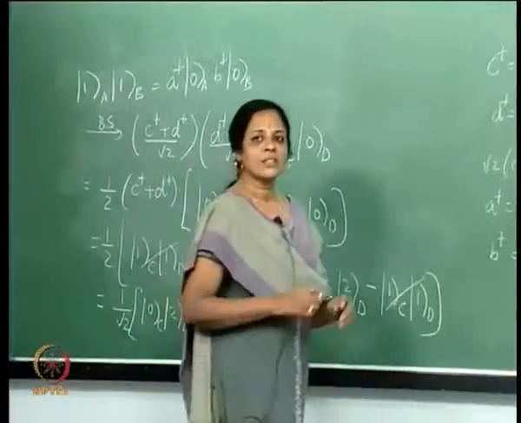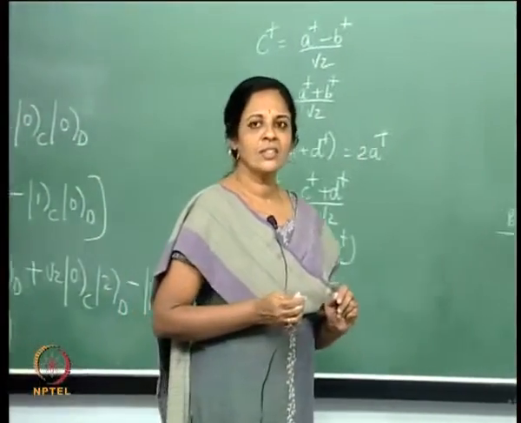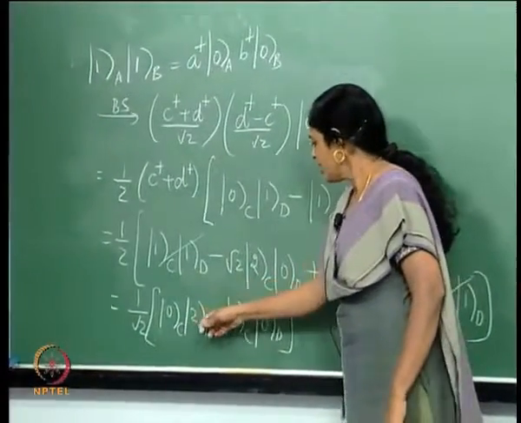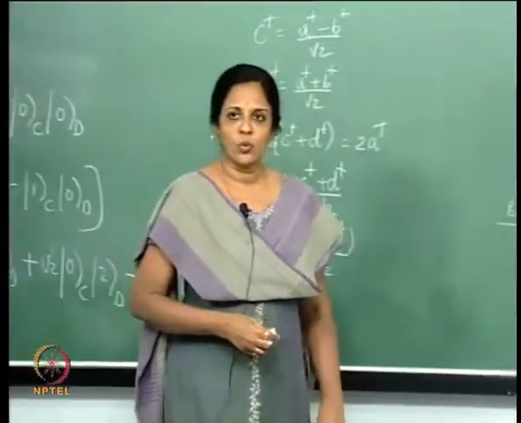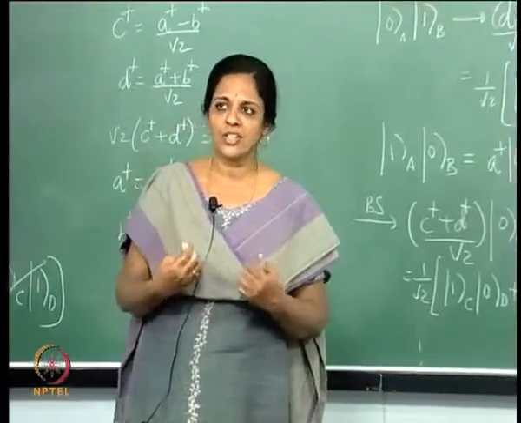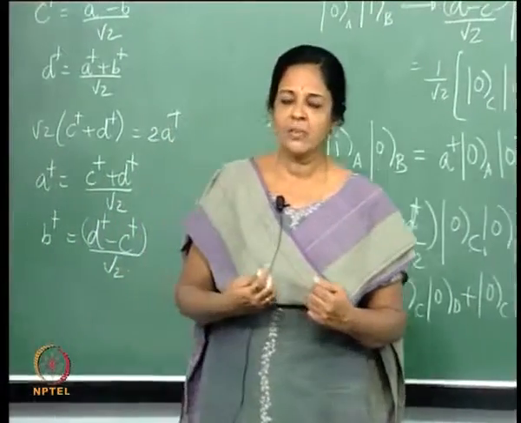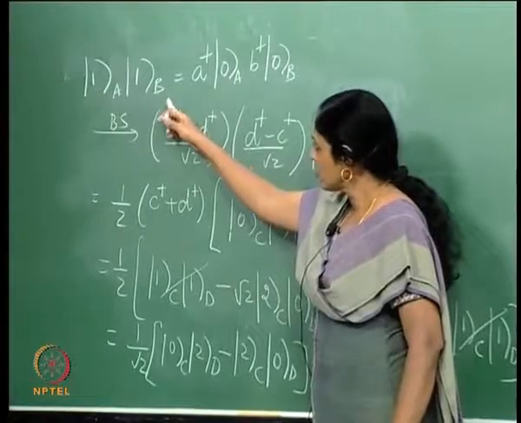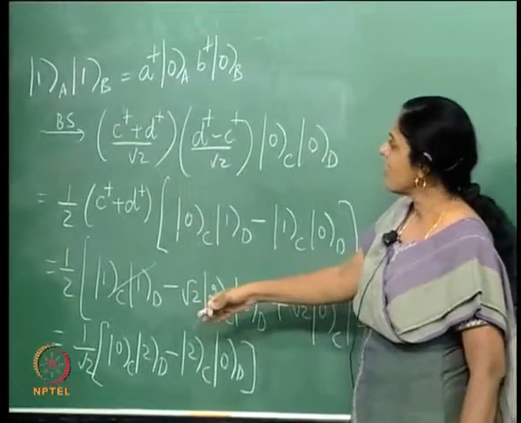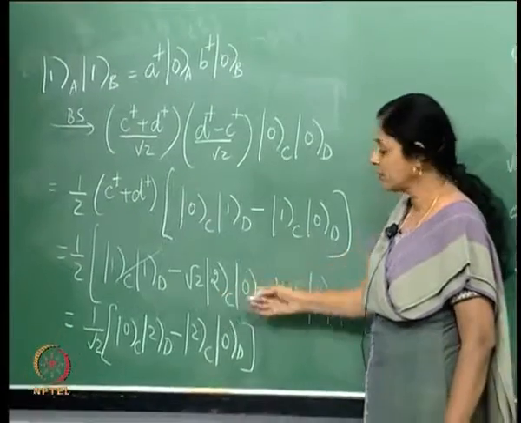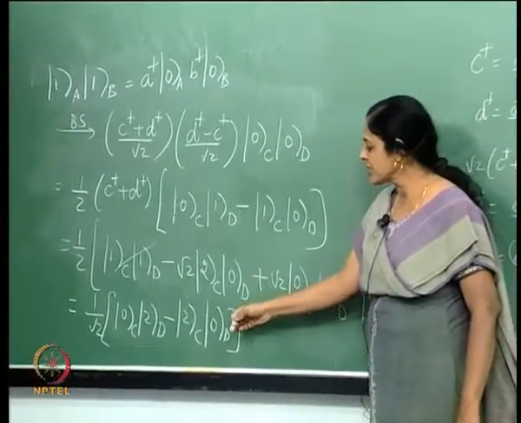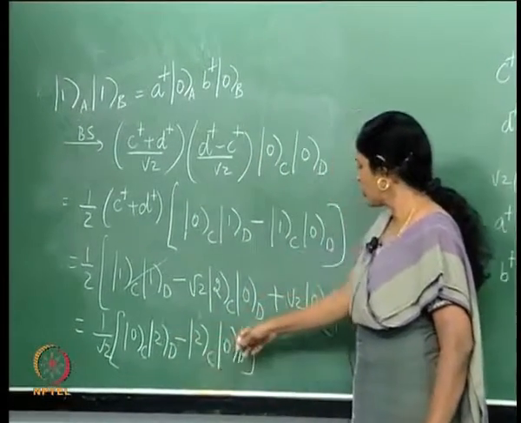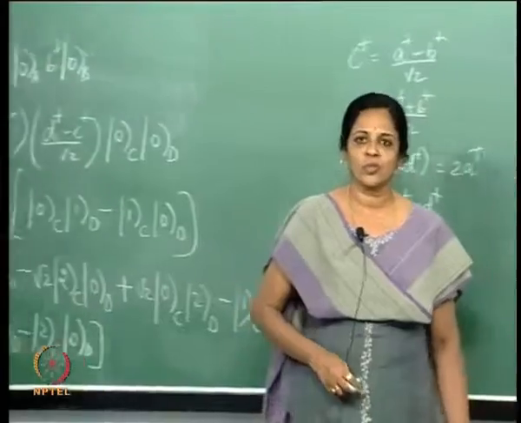There is 0 probability of seeing a single photon in the output port C and a single photon in the output port D. And this is an important statement, because at the face of it, we might imagine that given 2 photons, as in the earlier example, I should be able to get a term which says ket 1C, ket 1D in my final state. But such a thing is missing, and this is what I have. Both the photons are seen either in the output port D or in the output port C.